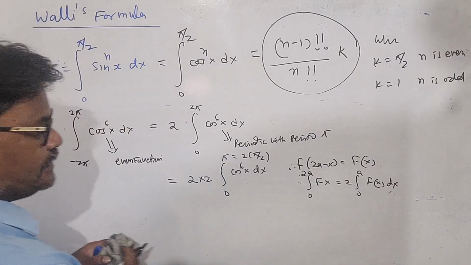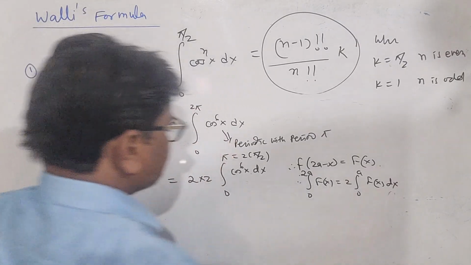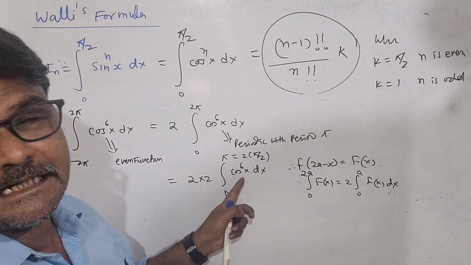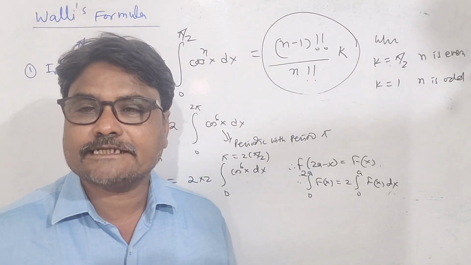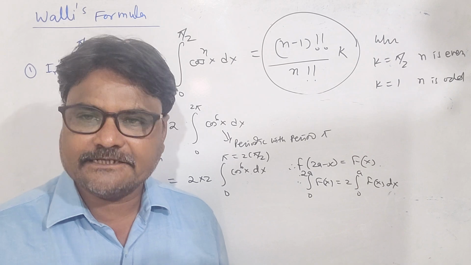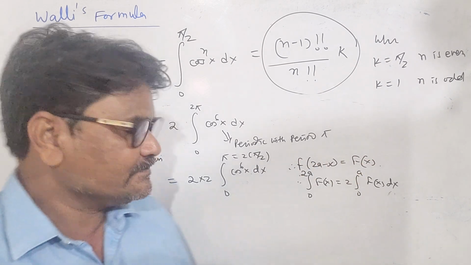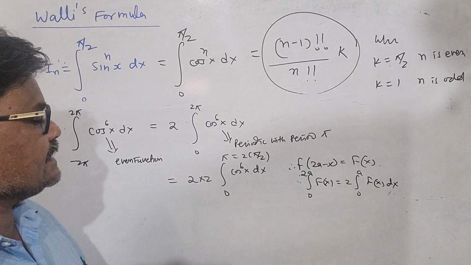This property I can apply over here. Correct? Why? This pi is 2a. Cos of pi minus x is minus cos x, as it is coming in the second quadrant, this is negative. But the power is even, therefore that negative vanishes, and this is simply cos to the power 6x.